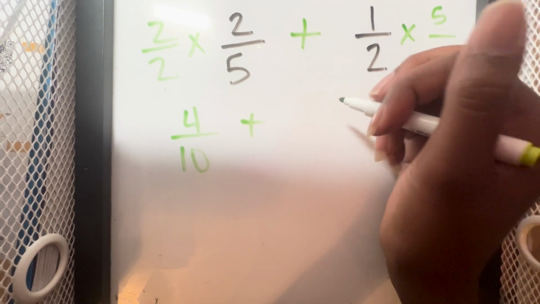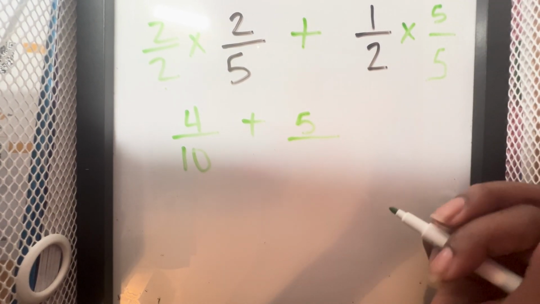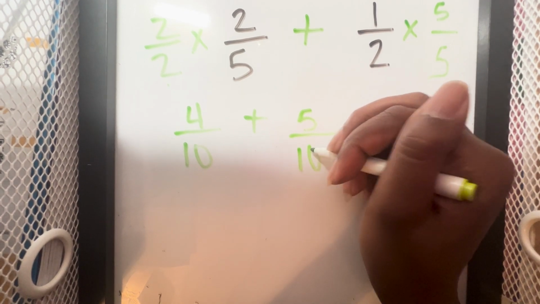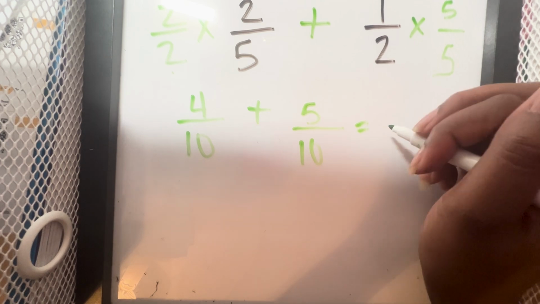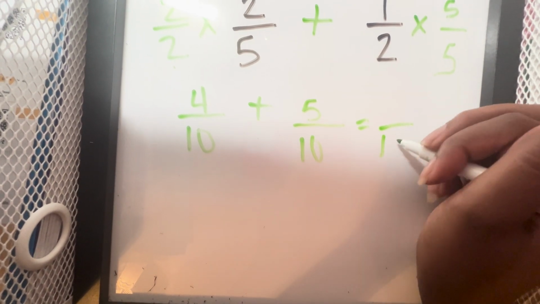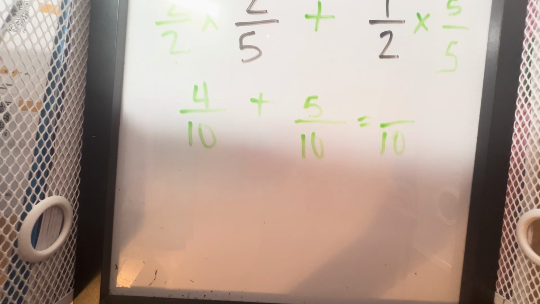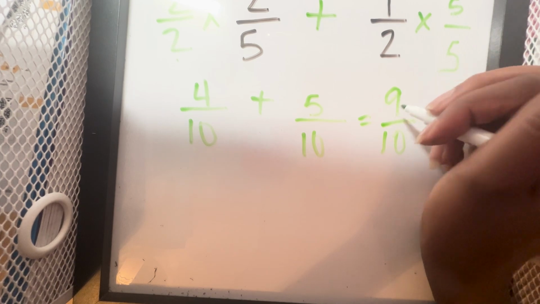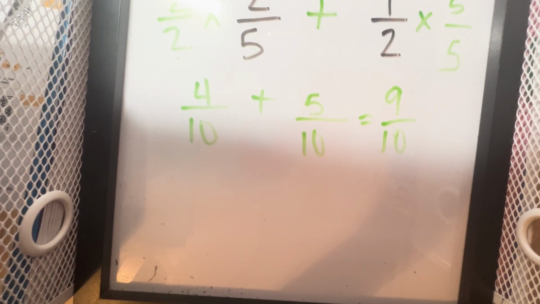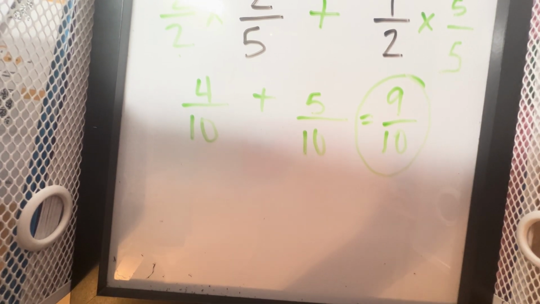So 1 times 5 is equal to 5, and 2 times 5 is equal to 10. And so now that our denominators are the same, we can keep 10 as our final denominator for our answer, and then we can just add up 4 plus 5, which is equal to 9. So our final answer is 9/10.